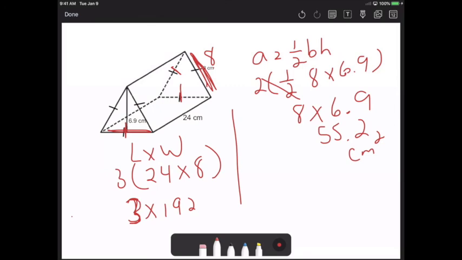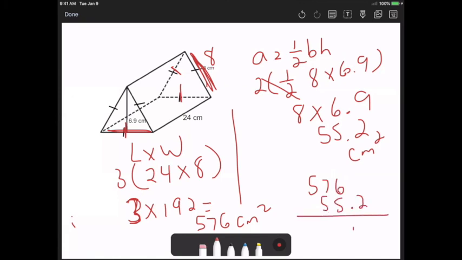So it's 3 times 192. That will equal 576, and that's centimeters squared. And we add 576 plus 55 and 2/10, and when we add that, we get 631 and 2/10, and that's centimeters squared.